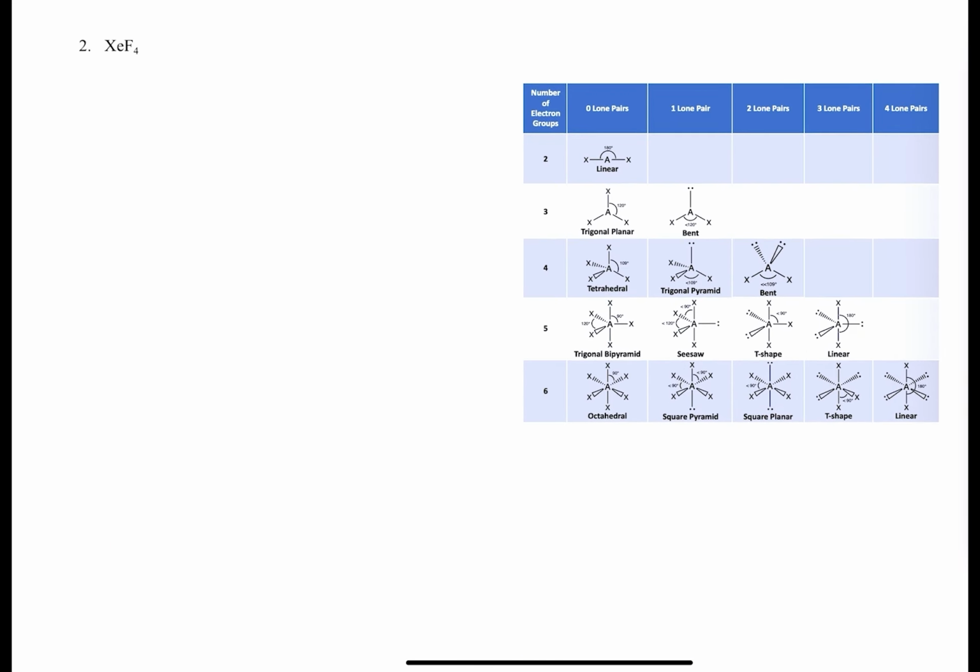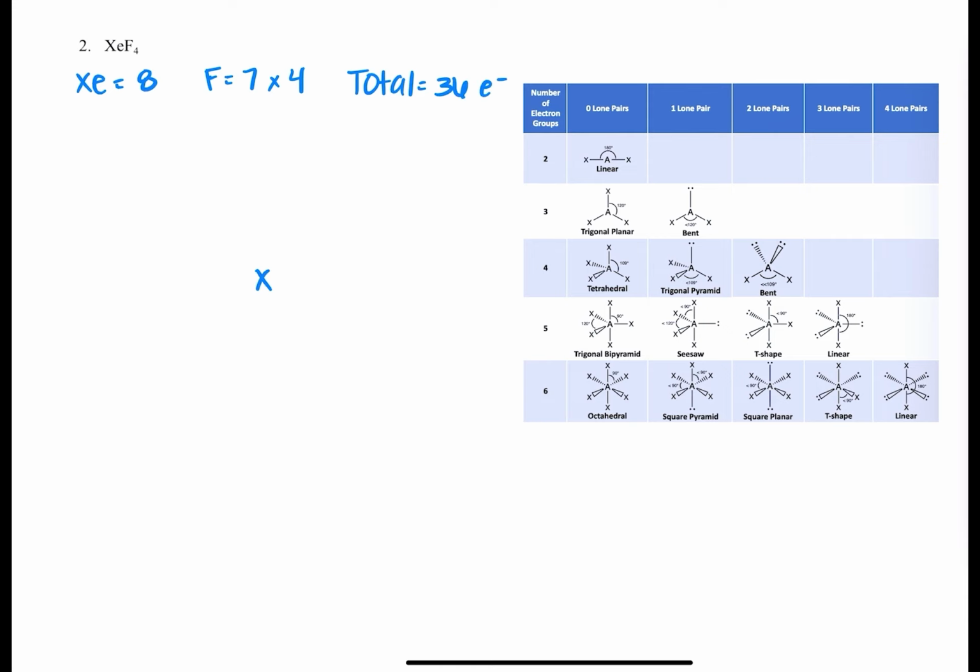Now let's move on to XeF4, xenon fluorine. So looking at the periodic table, we know xenon has 8 valence electrons, and fluorine, like we just said, has 7 times 4. So that gives us a total of 36 electrons.